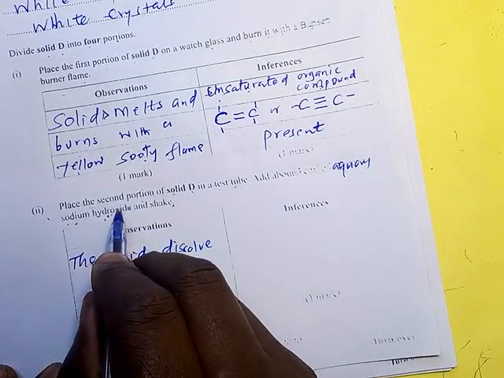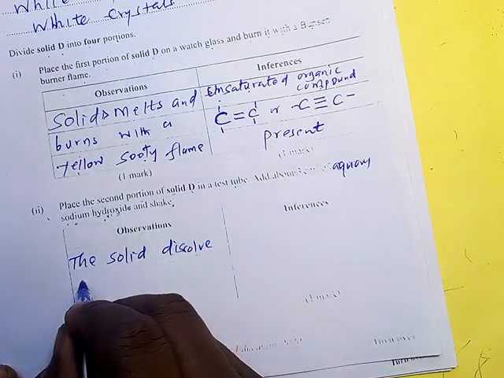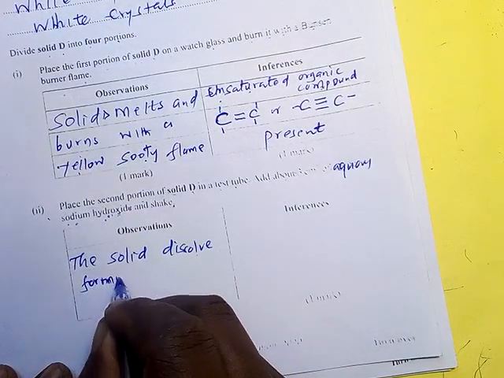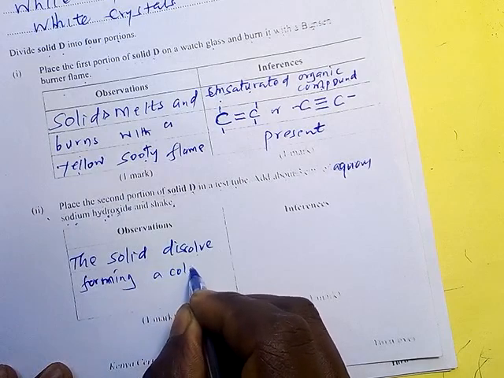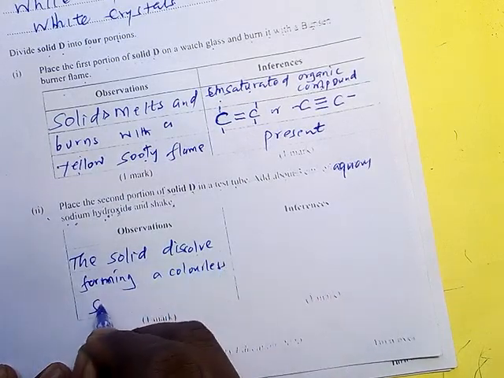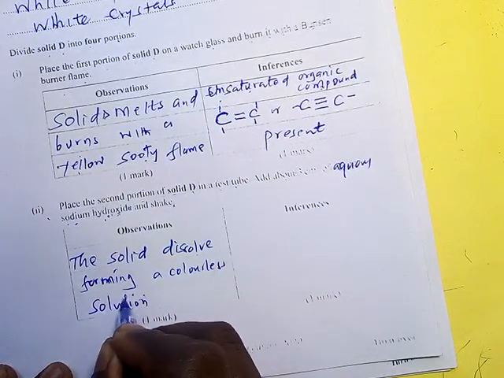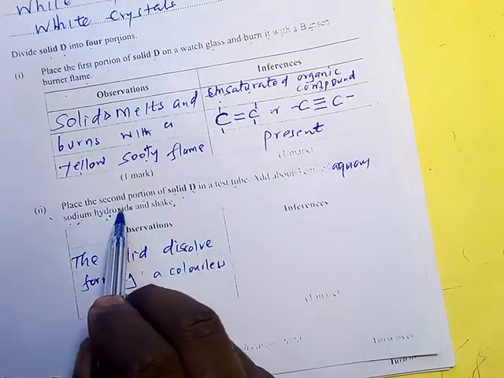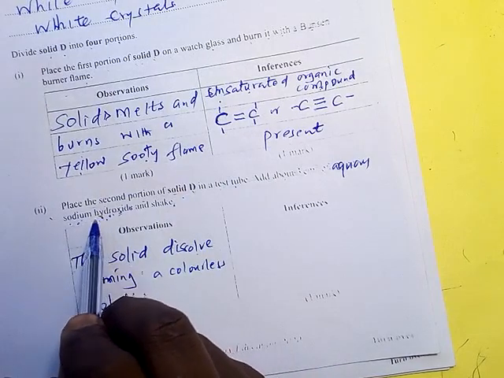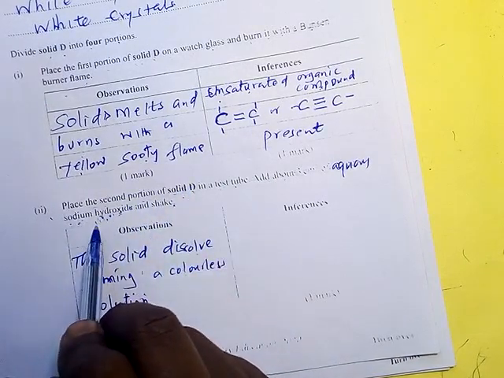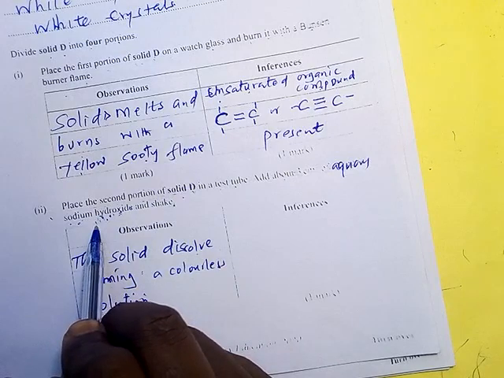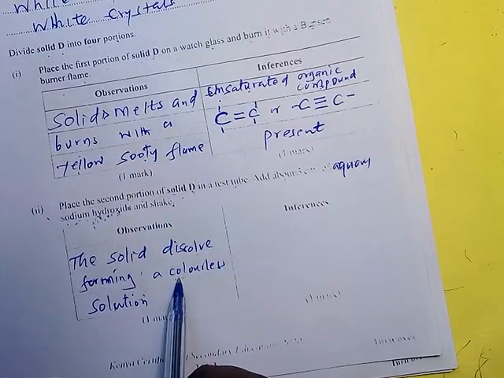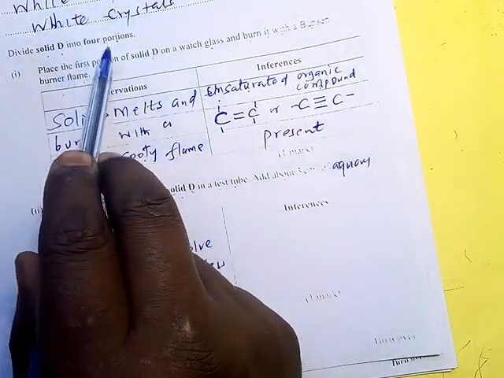in sodium hydroxide, forming a colorless solution. Now remember, a solid is dissolving in sodium hydroxide, which is a base. Then that one definitely tells you that this solid was acidic, right? An acid plus a base will give you a colorless solution, a neutralization reaction. But now we are dealing with organic chemistry.